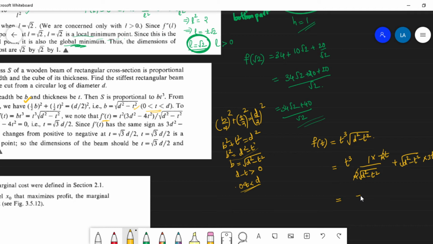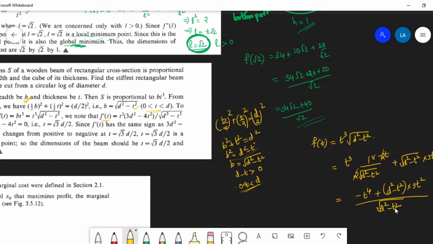So you have this to be equal to, you can cancel them out, and you get minus t power 4, plus I'm going to take the LCM, so you get t power 4 plus d square minus t square. When you multiply root of d square minus t square into root of d square minus t square, you get d square minus t square into 3t square divided by root of d square minus t square.